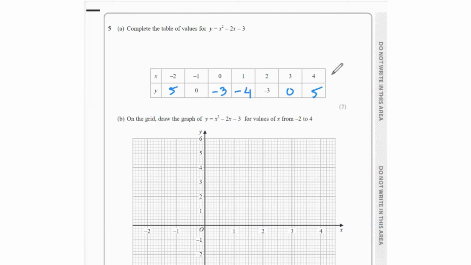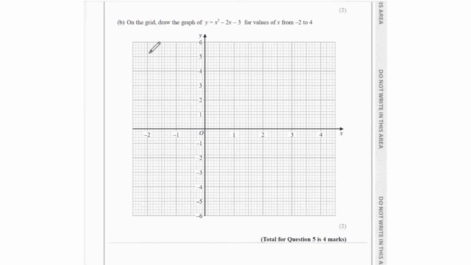Once we have computed the values in the table, the next thing is to plot these values on the graph. -2 and 5 is over here. -1 and 0 is here. 0, -3 is here. 1, -4 is here. 2, -3 is here. 3, 0, and 4, 5.